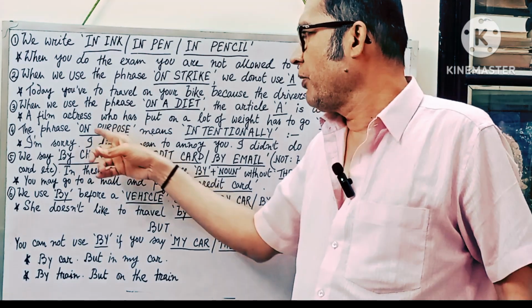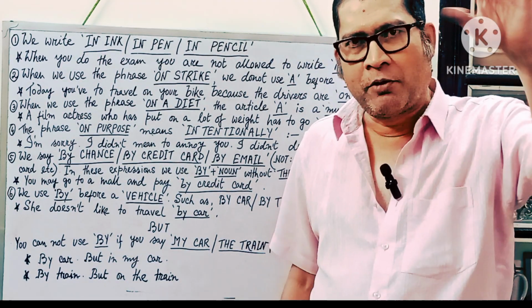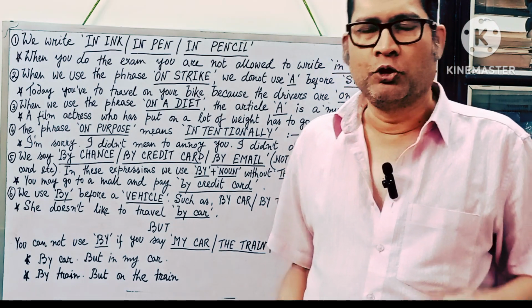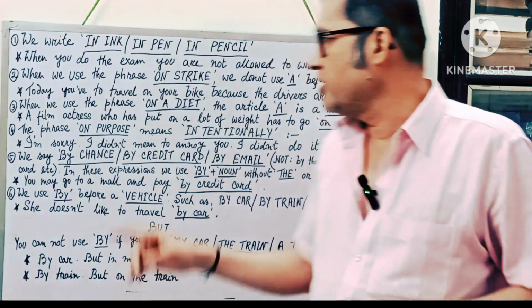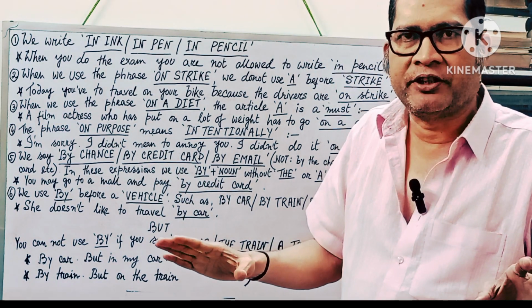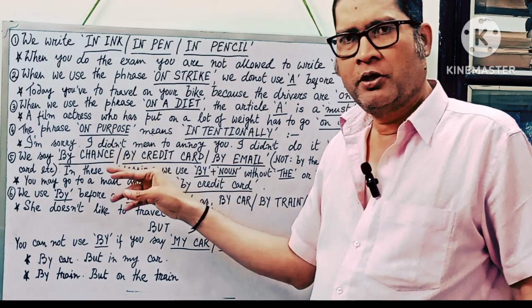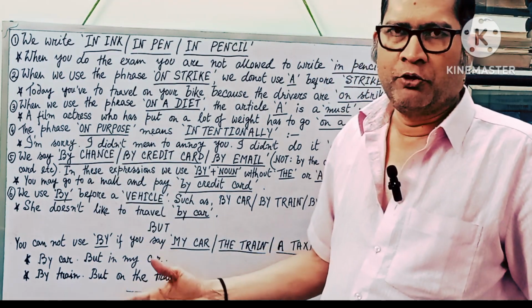So if purpose is preceded by the preposition on, forget about the article. Do not ever use an article because this is a phrase, on purpose. You cannot tamper with the phrase. But if you want to use the word purpose without on, you may use a.